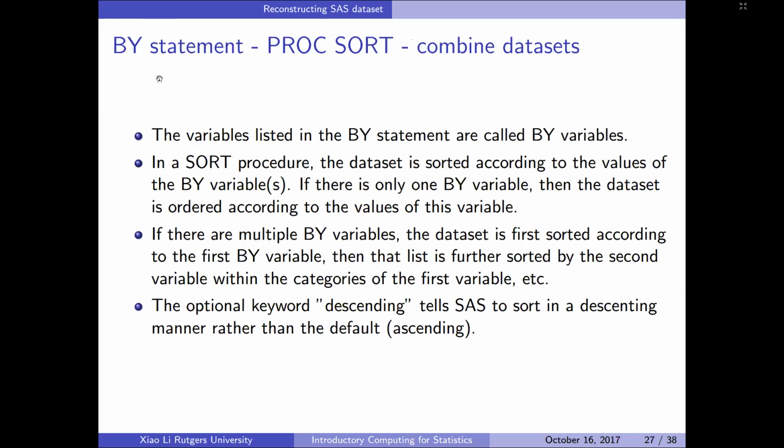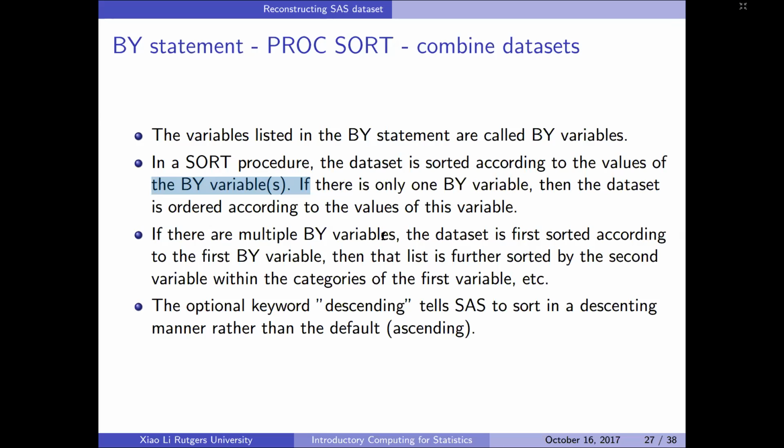Here are some notes about the sort procedure step. The variables listed in the by statement are called the by variables. In a sort procedure, the data set is sorted according to the values of the by variables. If there is only one variable, then the data set is ordered according to the values of this variable.